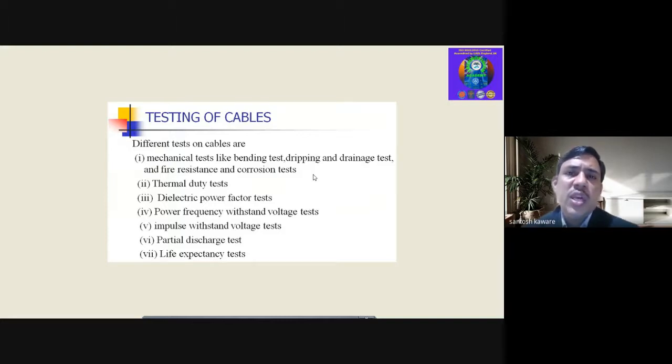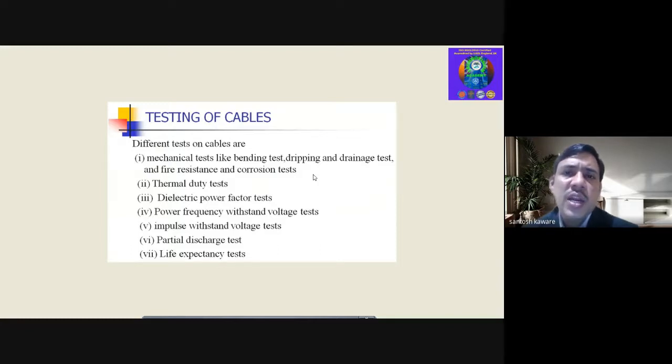We know that there is a conductor inside the cable, and so many layers of protection are given. There are shields and so many insulations provided on that cable. So everything gets checked. If there is an issue with any layer of that binding, there may be an issue in future. So for that, bending, dripping, drainage, fire resistance.